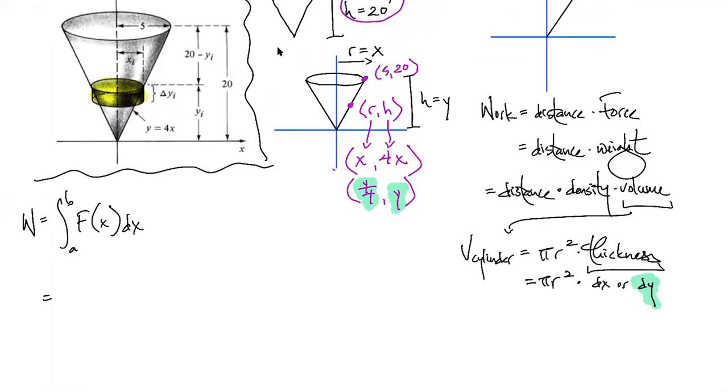So really, we're going to say the integral from a to b of distance. That's going to be one thing you need to find in order to put your integral together, times force, which is really density times volume. So distance times density times volume. And we're going to seal this off with a dy because we know that we're stacking the cylinders up the y-axis.